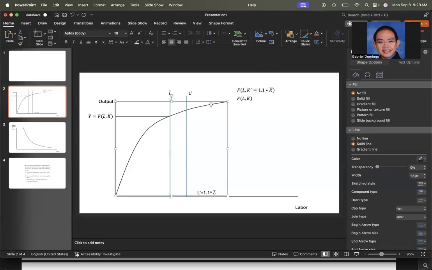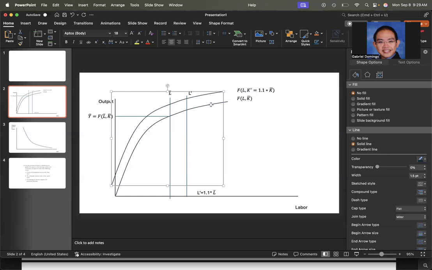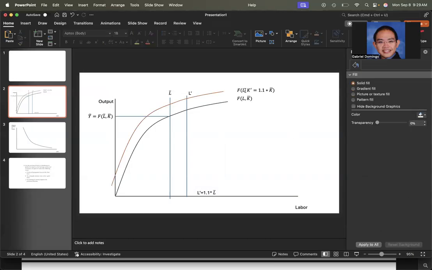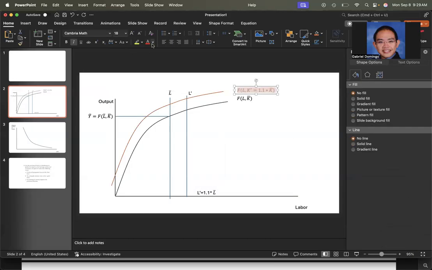And there's going to be a new curve, which is shifted up. Now the big question is, how much will it shift up? First let's give it a new color so we can all see. Let's do orange for the new one, and then let's change the text color here to this one.